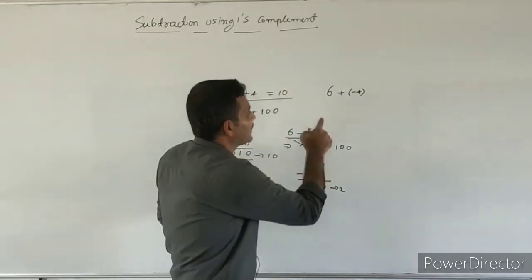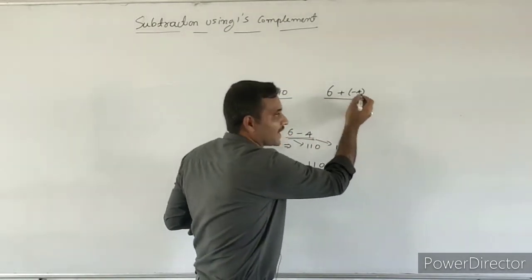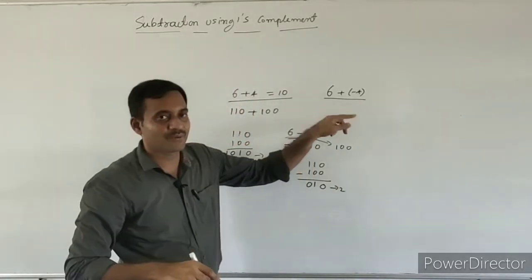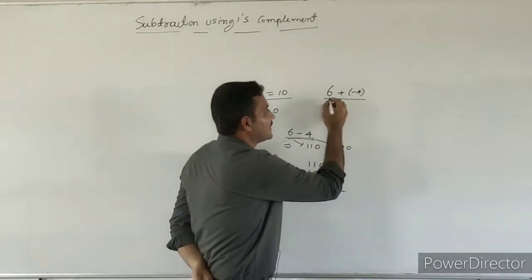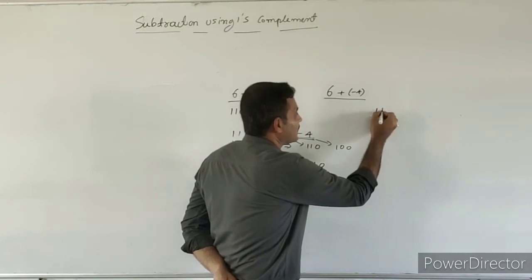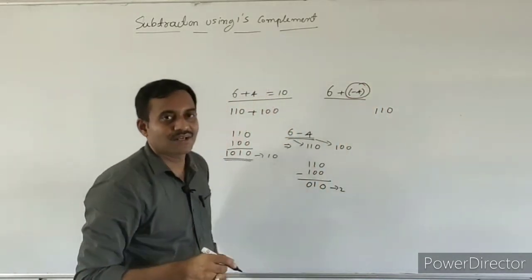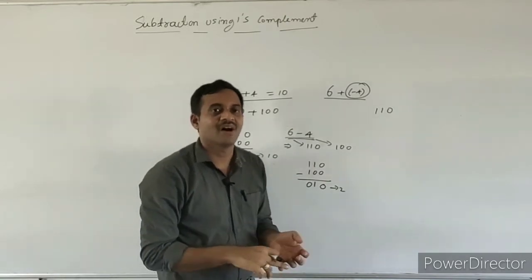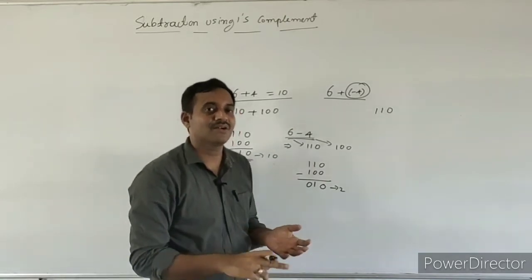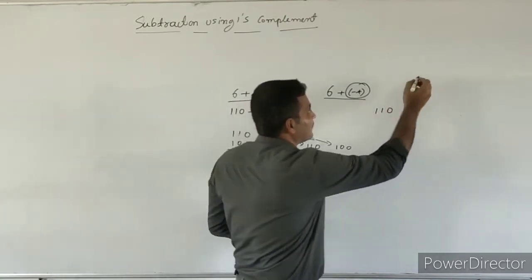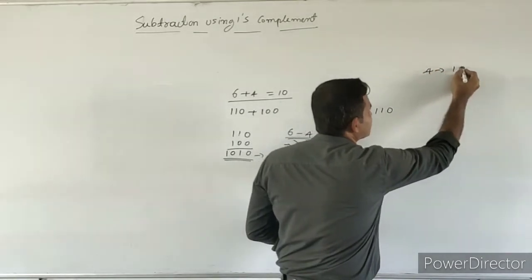Then here we write 6 plus of minus 4. Here also, 6 means that is 110. How to represent a negative integer? Either we use sign magnitude form or 1's complement method or 2's complement method. If it is 4, that is 100.